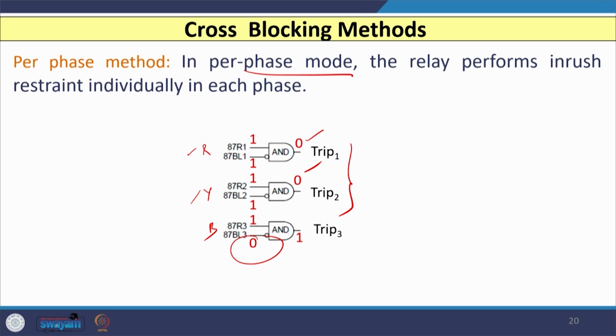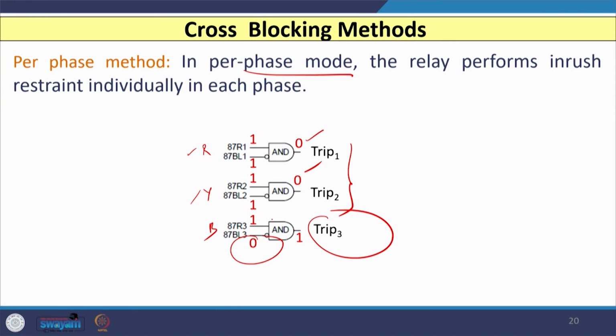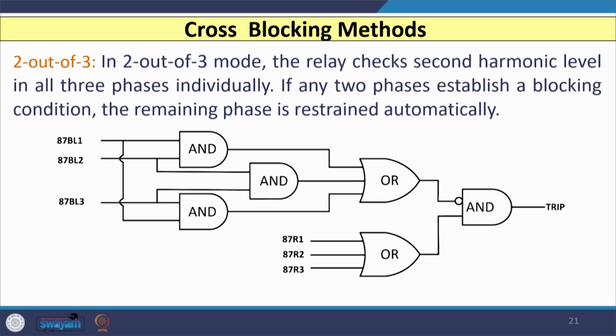That means if, in B phase, the percentage of second harmonic content is greater than the predetermined threshold value, let us say 20%, then only the B phase is blocked, other 2 phases they remain as it is.